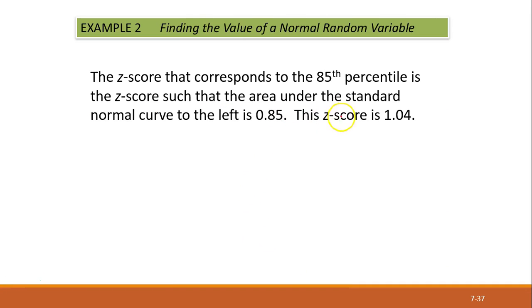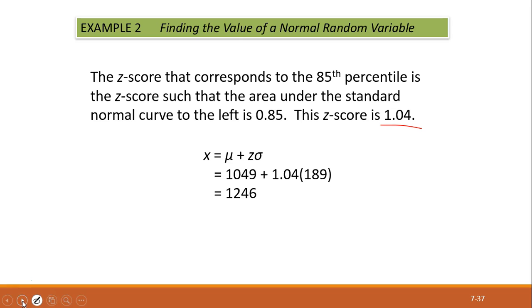So that is the reason why we came up with this Z-score right here, 1.04. Now, using this formula that I stated before, we're going to plug in our mean plus the Z-score times the standard deviation and come up with this right here.